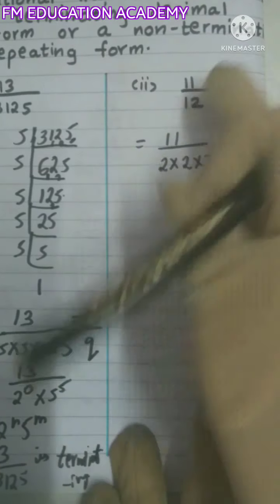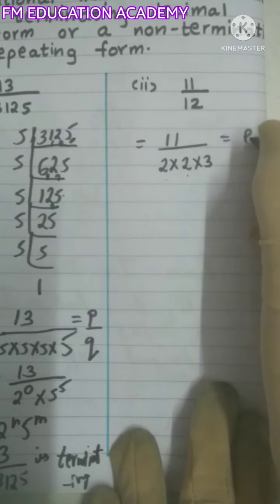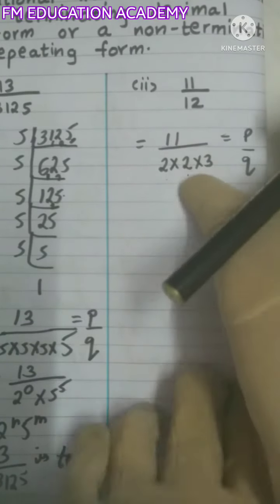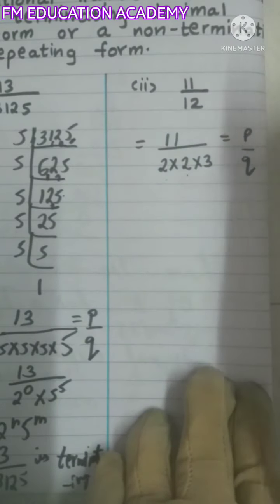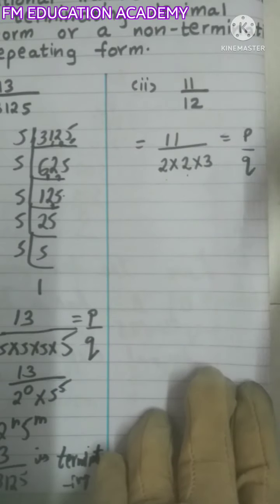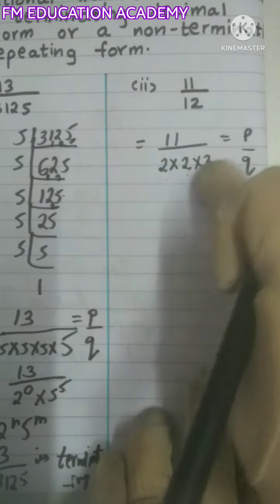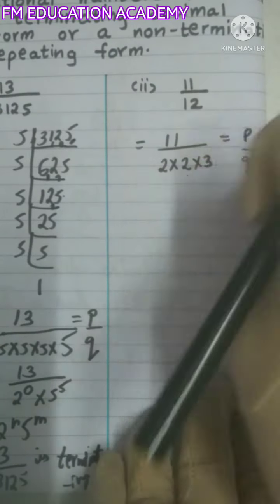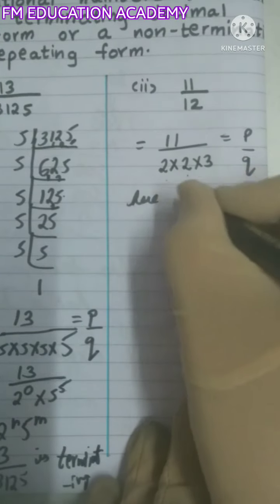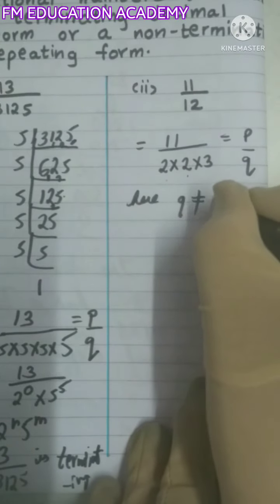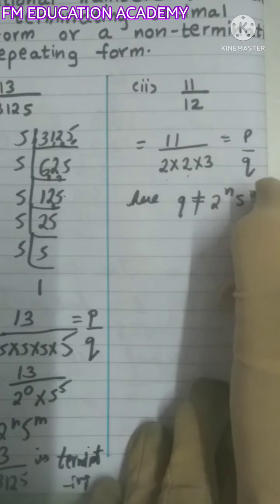Whenever this Q, that is the denominator, will have either 2 or 5 or both 2 and 5, then only it will be terminating decimal expansion according to the theorems which we have studied. But here we have 3 also along with 2, so this becomes non-terminating. So here what will we write? Here Q is not of the form of 2 power n into 5 power m.